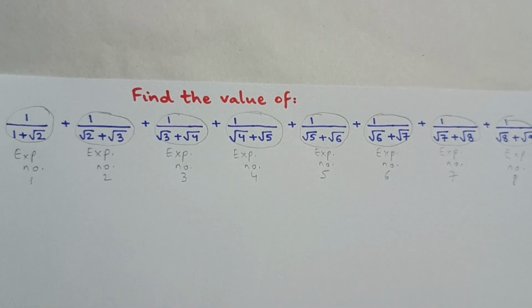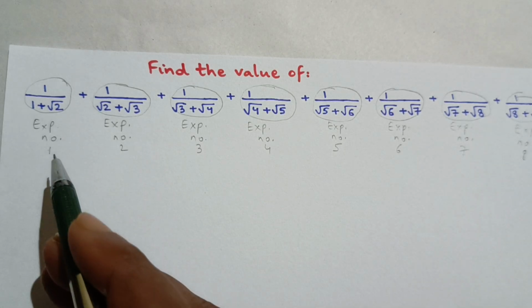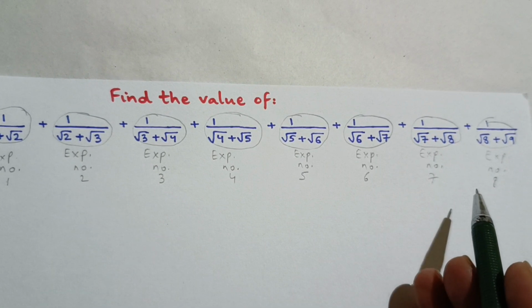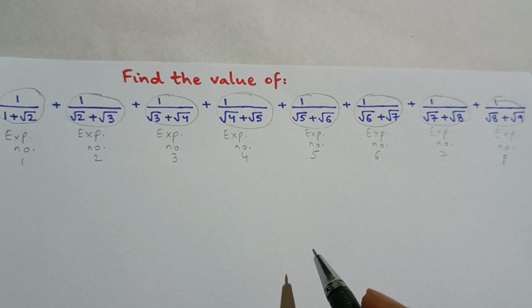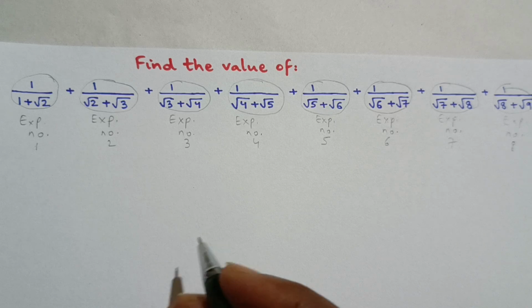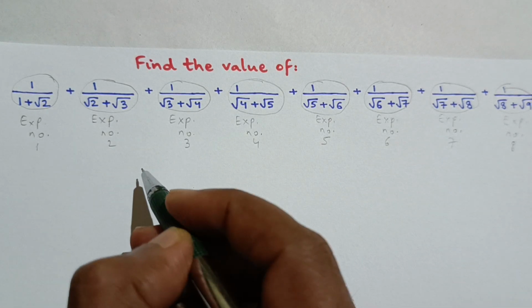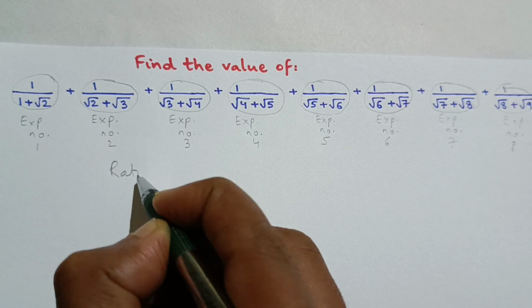So what we will do is rationalize the denominator of all these 8 expressions. In the first step, we are going to rationalize the denominator of all these 8 expressions.